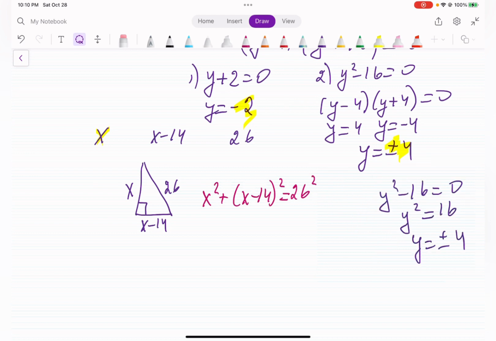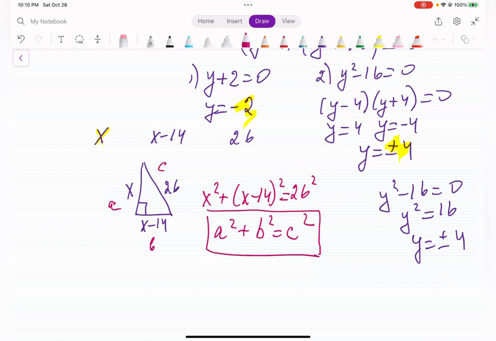So if I mark this leg A, this leg B, and the hypotenuse C, then I will have A squared plus B squared equals C squared. And this is our formula.